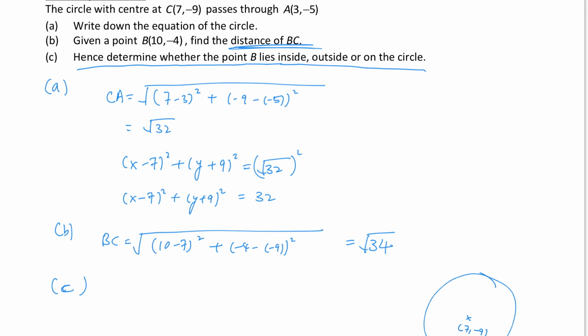And the radius, that means the length of CA, is equal to √32. The length of BC is equal to √34. That means it must be longer than the radius. I know it is because √34, BC, is larger than √32, the radius of the circle. Then B lies outside.